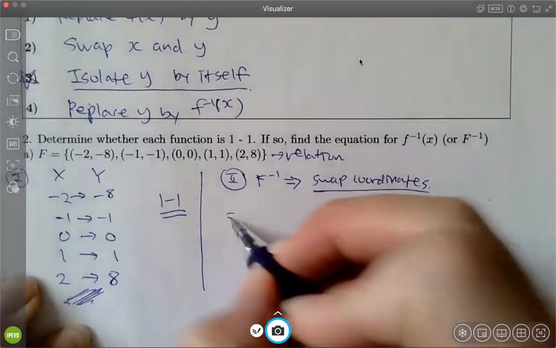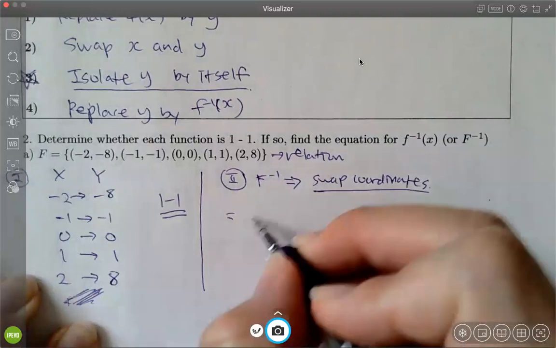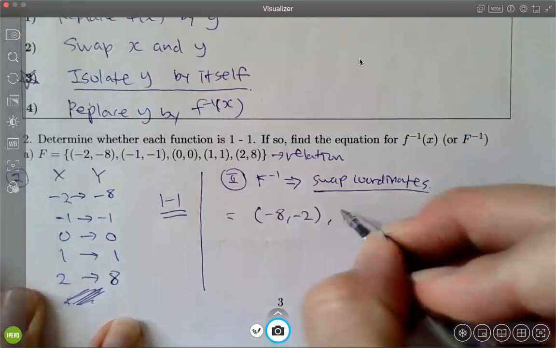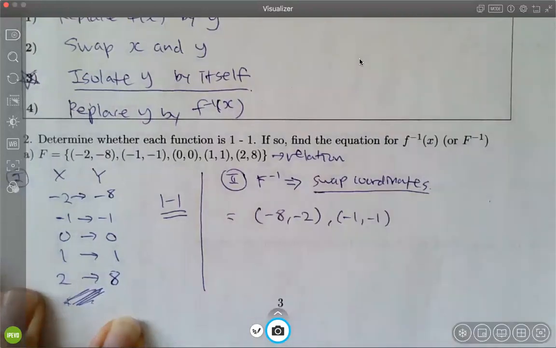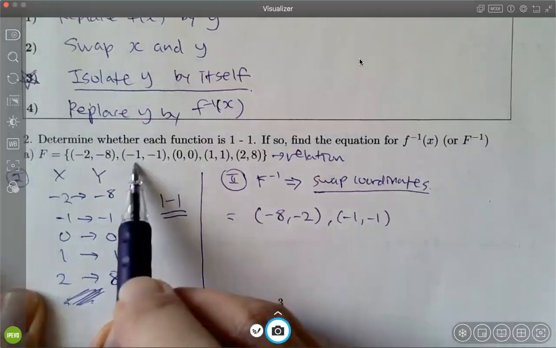So swap coordinates. For the -2, -8, when you swap it, you get -8, -2, right? Okay, and now the second point, even if you swap the two negative ones, you get the same thing, right? But the meaning of this point is different, right? Do you see that? Because from here, that's the x value and that's the y value, right?